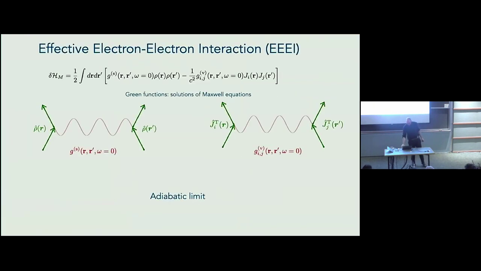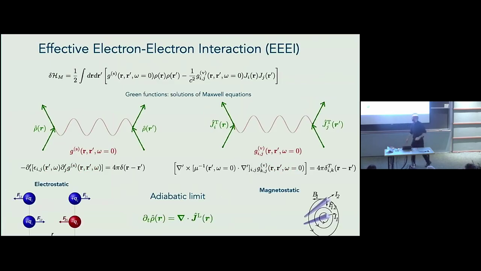And in the adiabatic limit, we can derive electron-electron interaction mediated by the cavity, and we can see that there are two types of electron-electron interaction, in the adiabatic limit, so at zero frequency. One is the scalar part that is coming from electrostatic, and the other one is this vectorial that fulfills Biot-Savart law and is nothing else than magnetostatic.